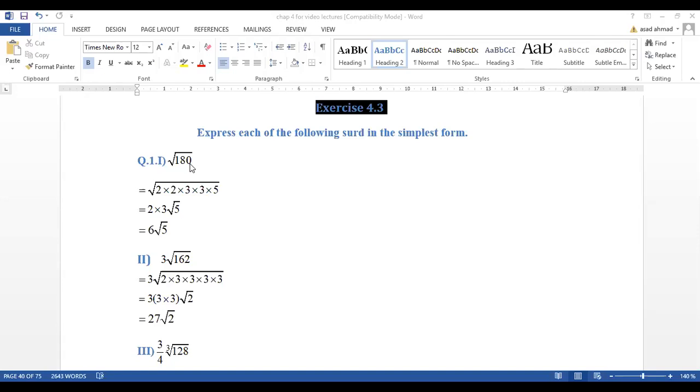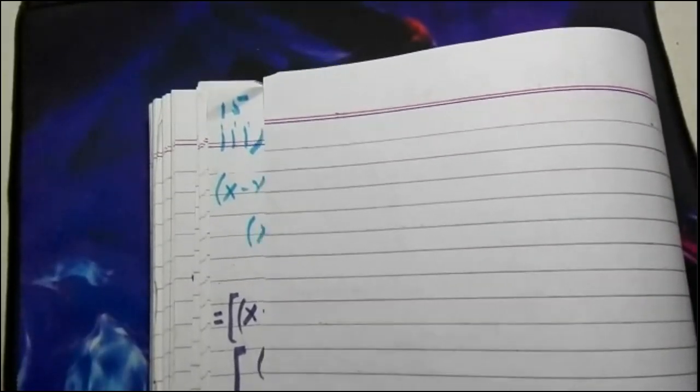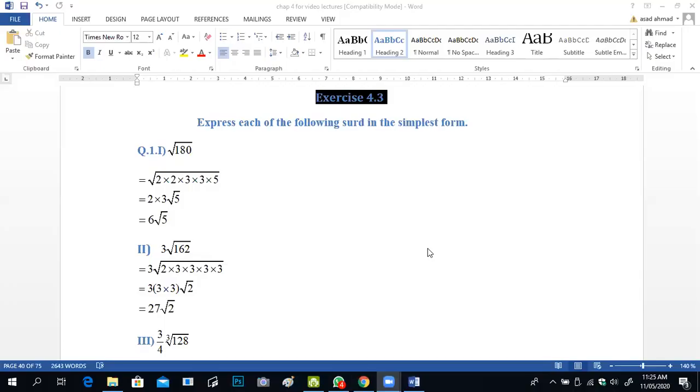Wait for a second. I will share with you the page which I am writing. Wait for a second.